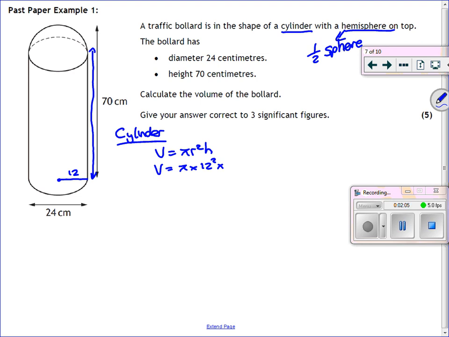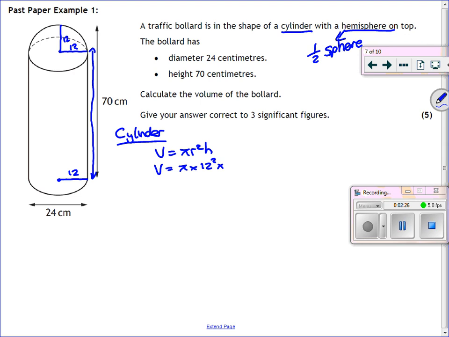And this is the tricky bit that we need to work out. What you might notice is that if we have a hemisphere, the radius of the hemisphere doesn't change. So if it's 12 going along the way, that's the exact same as the distance from the centre of this hemisphere up to the top.